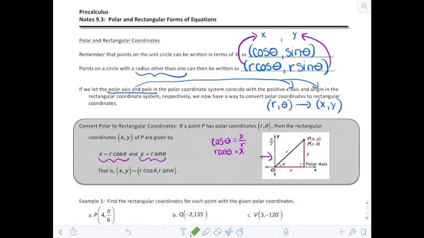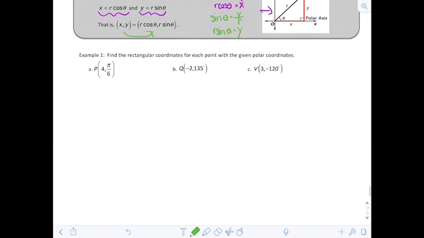Likewise, for the y value, the sine of theta is equal to the opposite over the hypotenuse, y over r. So if we solve for y, r sine theta is equal to y. This is simply how we are going to convert: x, y is equal to r cos theta, r sine theta. So let's put this into practice.